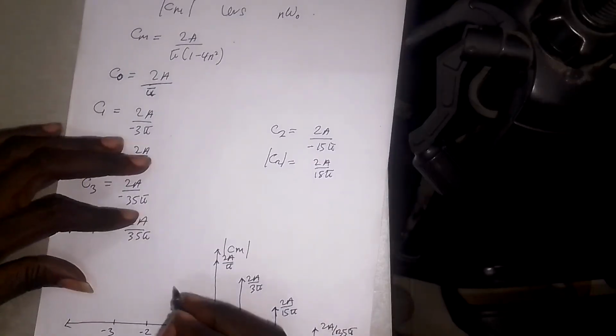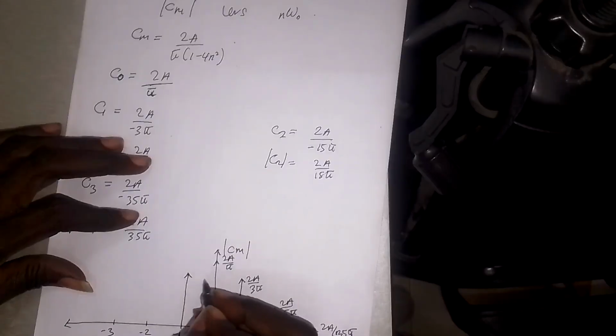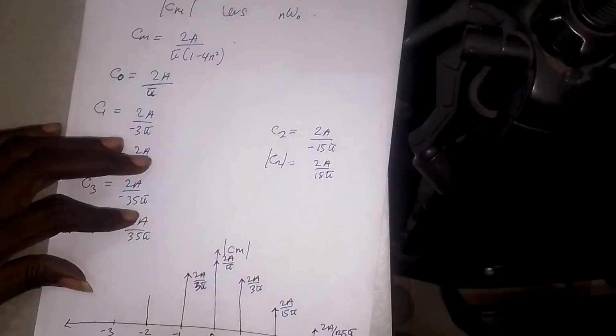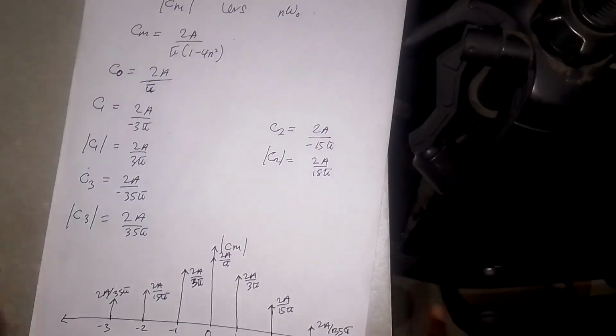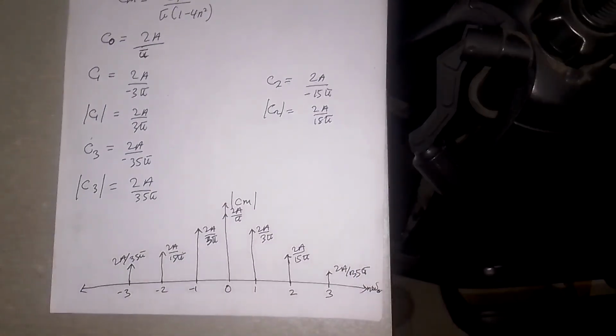On the other side, the value here was 2A on 3 pi, here it was 2A on 15 pi, and here it was 2A on 35 pi. So this will be the solution to this question. Thank you so much.